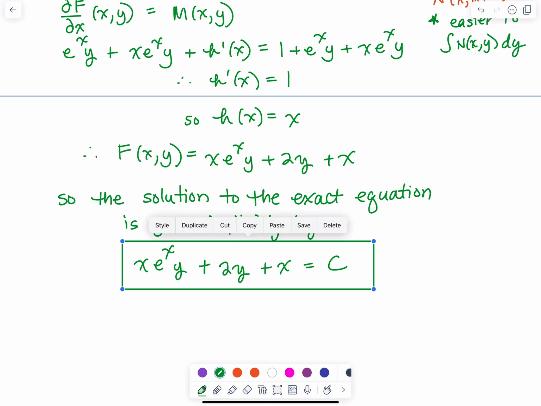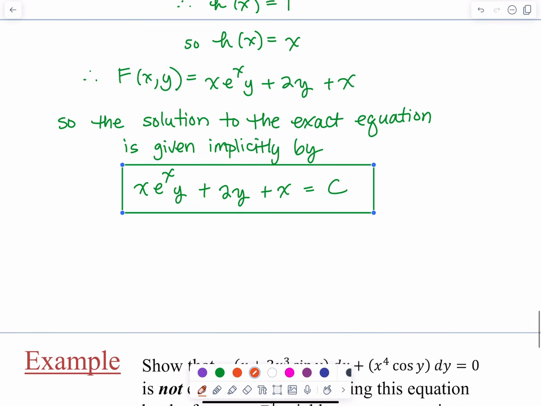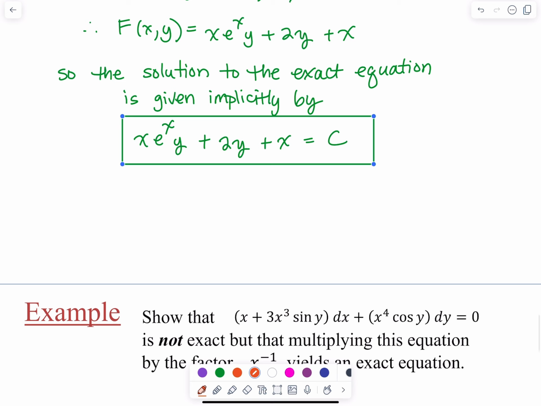I might add that here we can solve explicitly for y. Let's go ahead and do that.